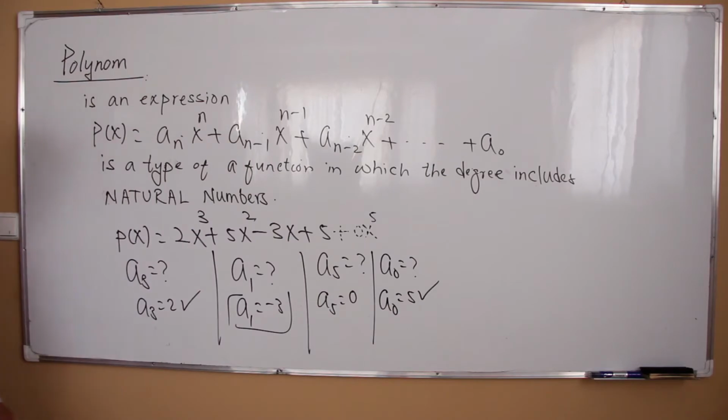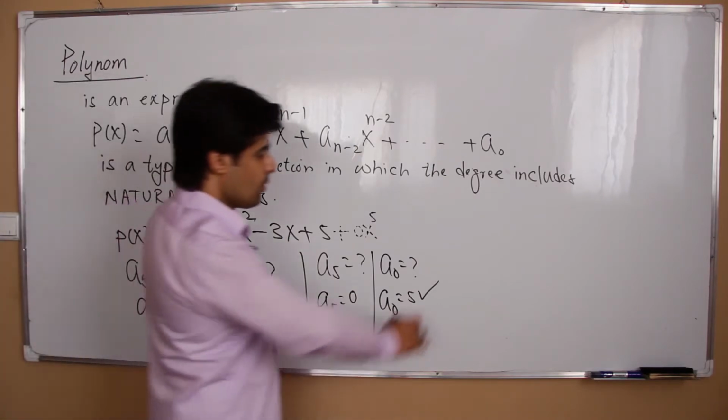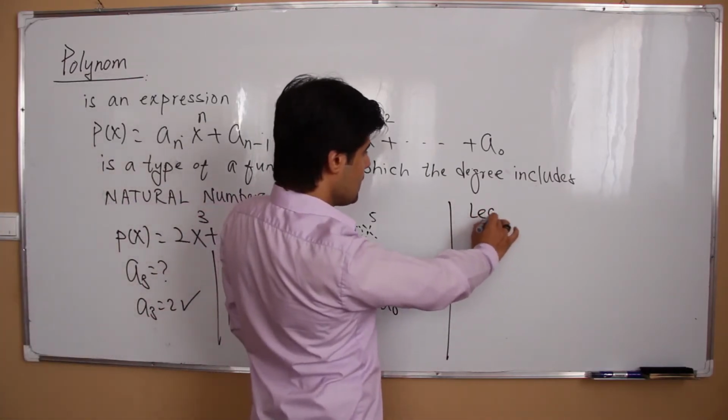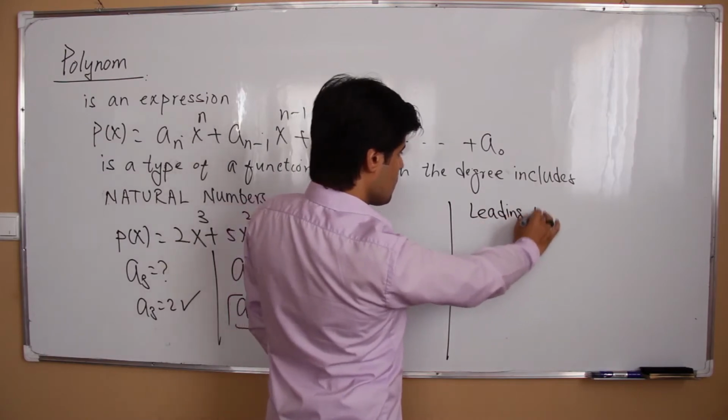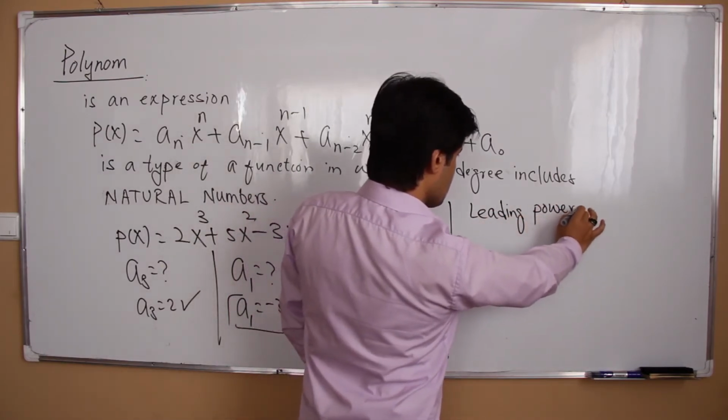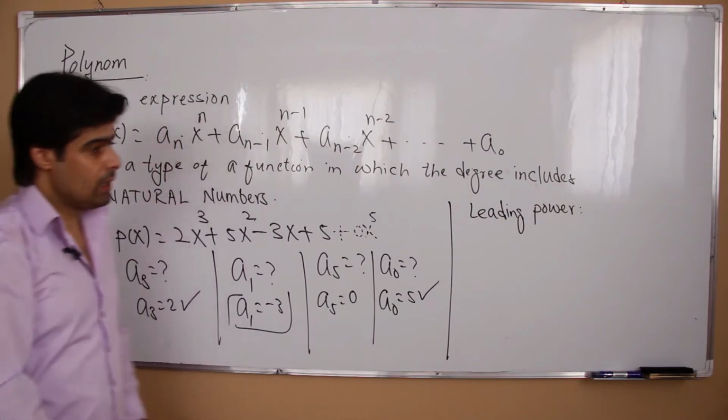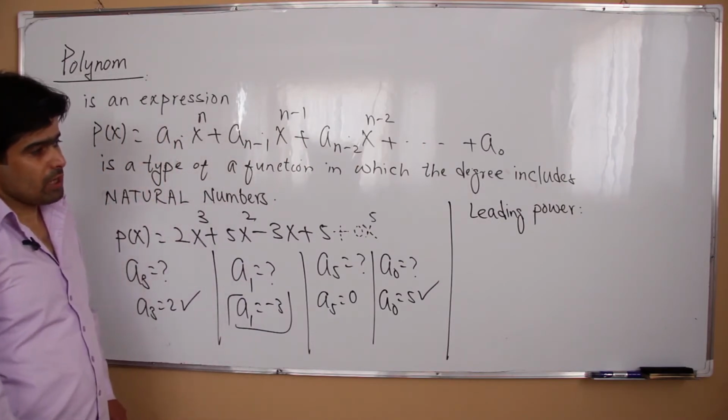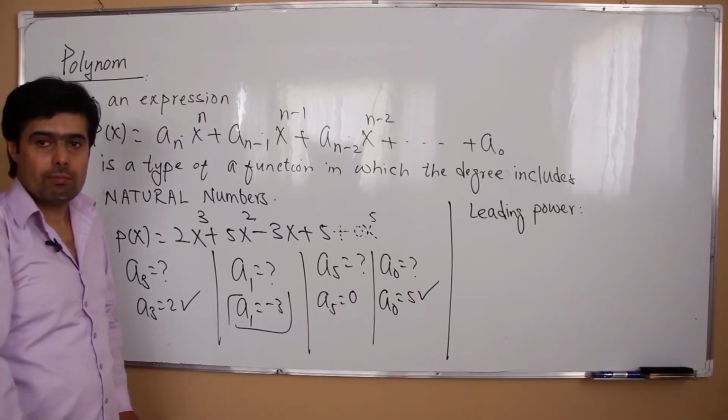In a polynomial, you have to note one thing, that's the leading coefficient. What is the leading coefficient? The leading coefficient of a polynomial is the coefficient whose degree is the highest.